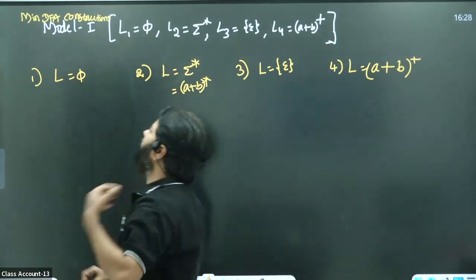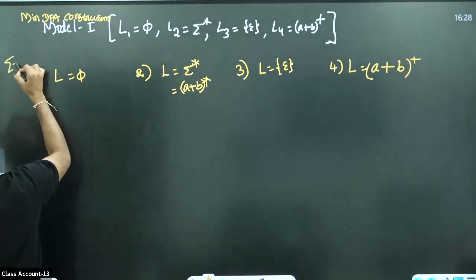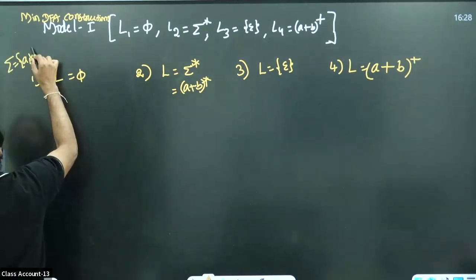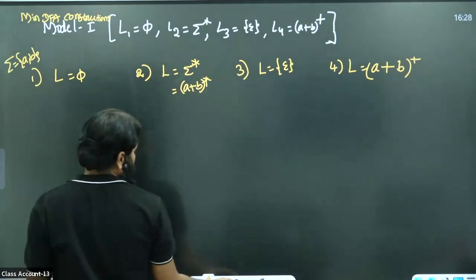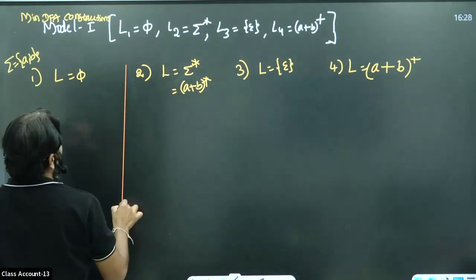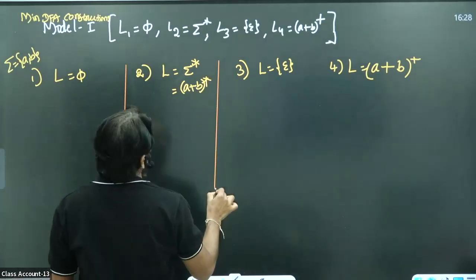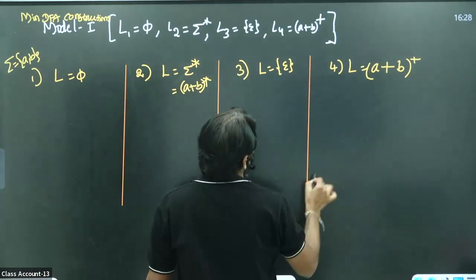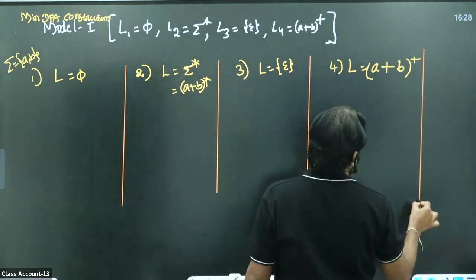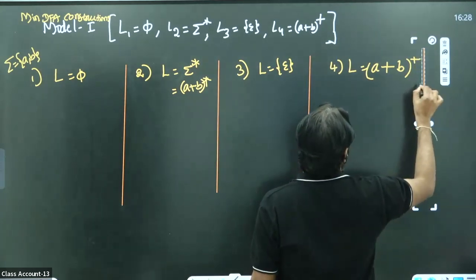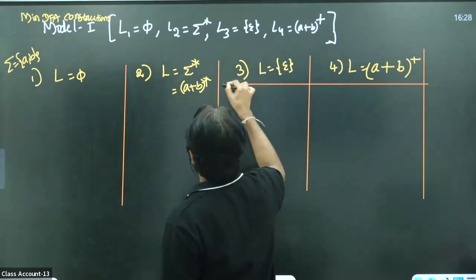Sigma, we are assuming a comma b. And always we design a minimum DFA, as minimum DFA has few number of states and everybody will get the same answer if you follow that technique.